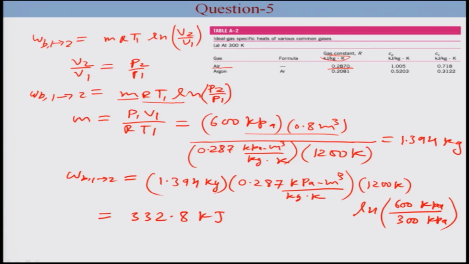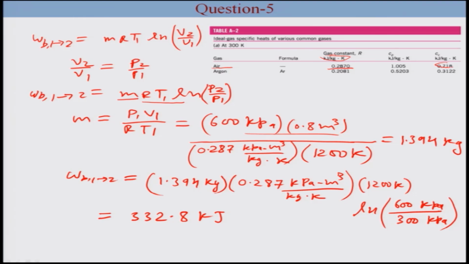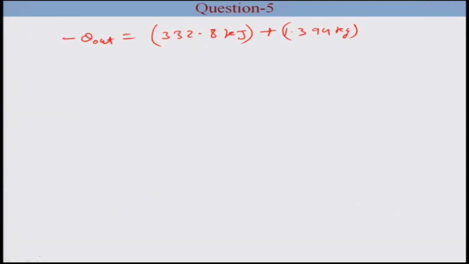Now plugging this value into the energy balance equation, we get minus Q out equal to the work done, which is 332.8 kilojoule, plus the change in internal energy, m cv delta T. So m is 1.394, cv of the air can be taken from the table listed here, which is 0.718 kilojoule per kg Kelvin, and delta T is 300 minus 1200 Kelvin.